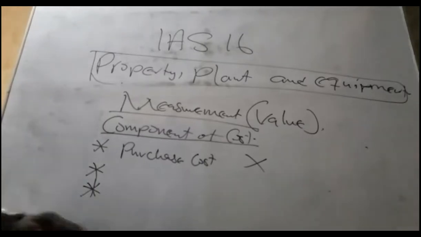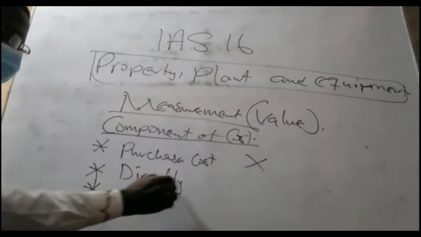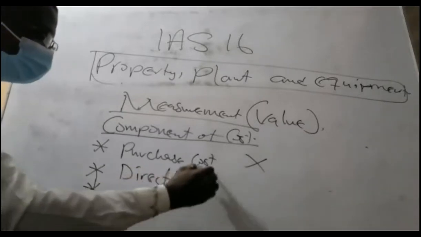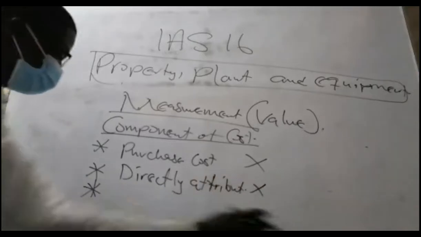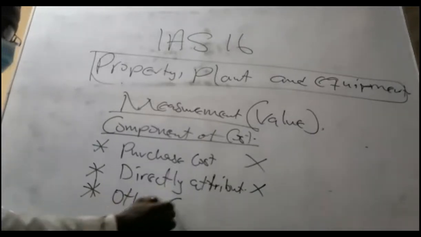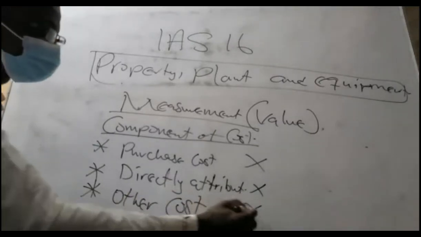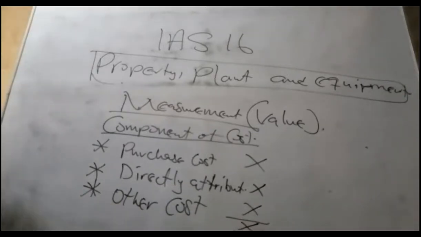Purchase cost and then directly attributable cost. And then any other costs incurred necessary to bring the asset to its present location or condition. These three put together form the composition of cost of PP.